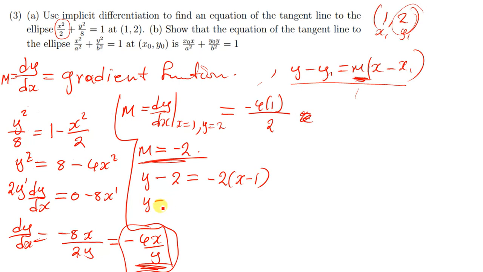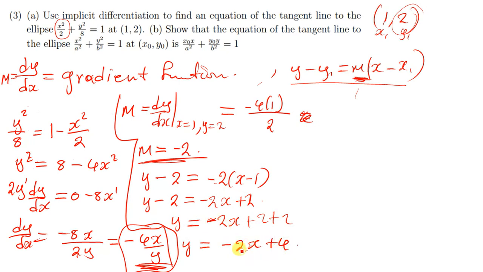We say y minus 2 is equal to negative 2x. Negative 2 times negative 1, we get positive 2. So when you take negative 2 to the other side of the equal sign, y will simply be equal to negative 2x plus 2 plus 2. So the value of y becomes negative 2x plus 4.